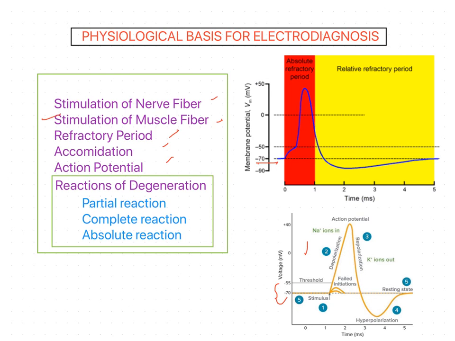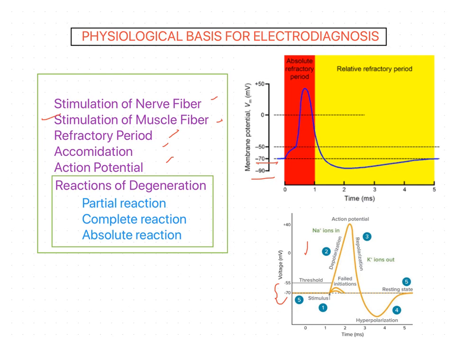Next one is the stimulation of the muscle fiber. Like nerve fiber, muscle is bounded by the cell membrane, which has a potential difference of minus 90 millivolts. It has a highly specialized neuromuscular junction where the nerve enters the muscle.